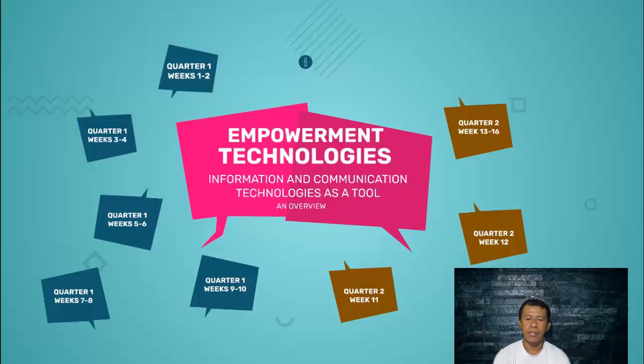And in this video, we're going to be tackling empowerment technologies and how information and communication technologies become a tool for students, especially for senior high school students. Since this is an overview of what we're going to talk about in the whole semester, the first semester is divided into two quarters.